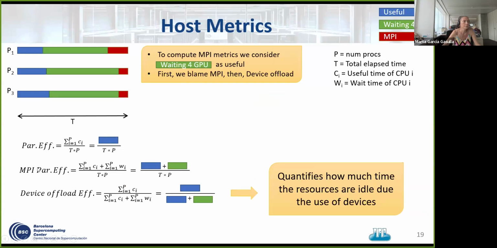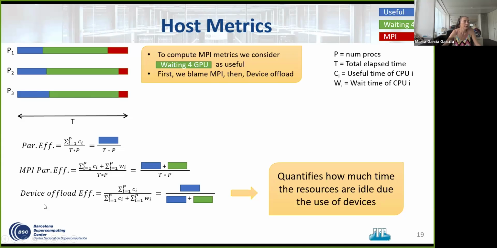To compute the MPI parallel efficiency, we consider the waiting for GPU state as useful. From the point of view of the process and the MPI communication, the waiting for the GPU is useful time. So the MPI parallel efficiency is adding the useful time plus the waiting for GPU divided by the total.